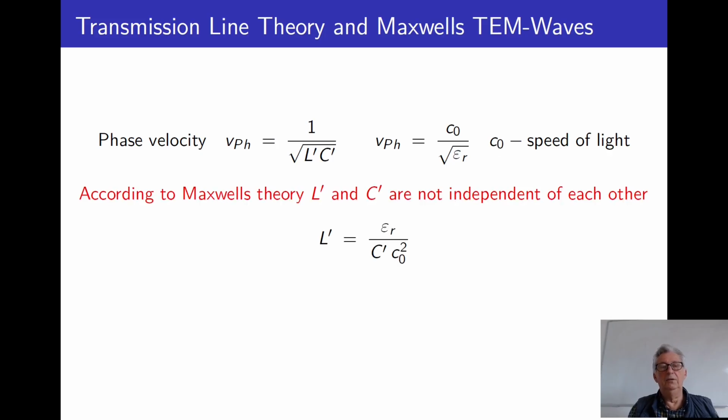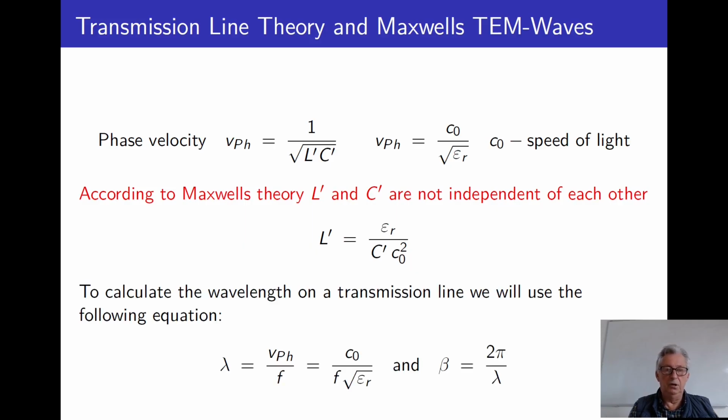So according to Maxwell's theory, L prime and C prime are not independent of each other, and if you go into the TEM waves, the reason is that the electric field and the magnetic field lines will always be perpendicular to each other.